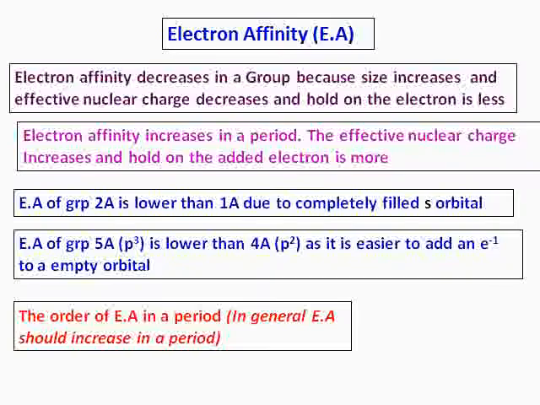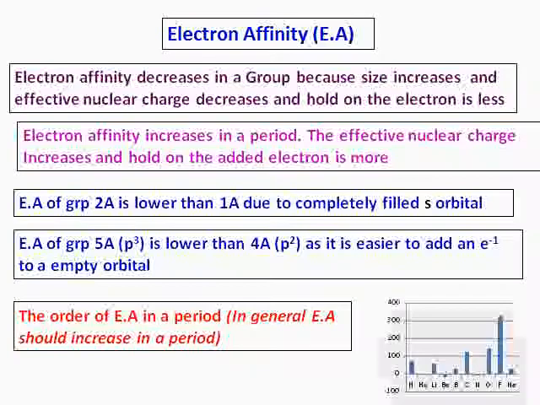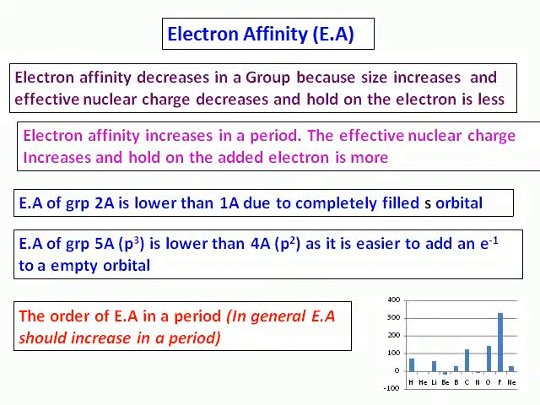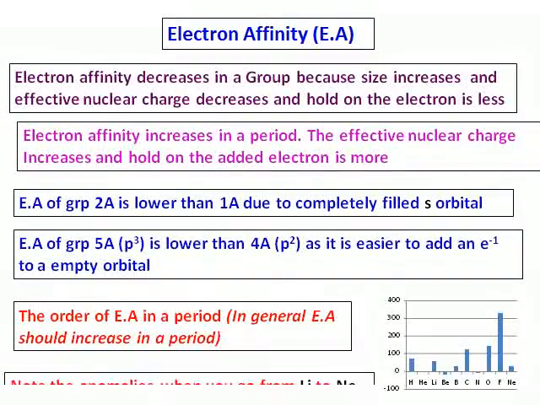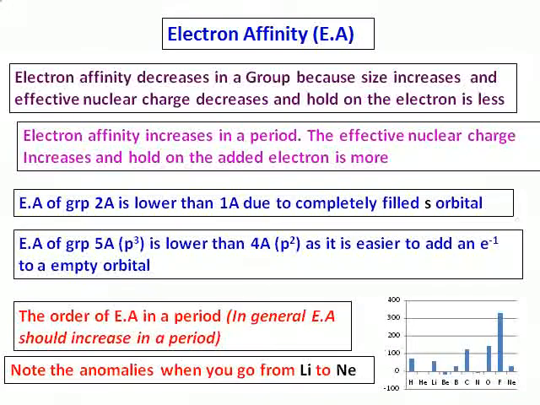In general, electron affinity should increase in a period, but looking at the graph you can see that the pattern is not a steady increase. When you go from lithium to neon, so many anomalies are there.